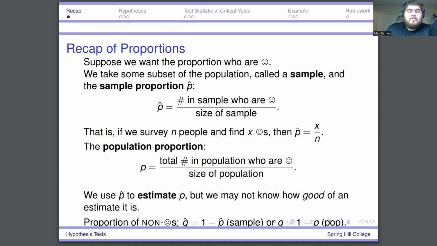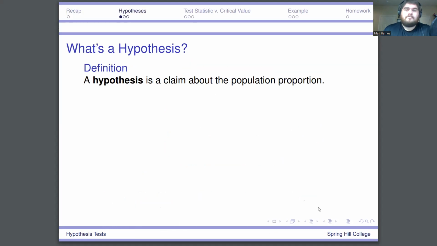So our non-happy people proportion we'll call q hat for the sample, or q for the population. It stays q for our non-happy people, it's just a matter of whether it gets a hat or not. It gets a hat if it's talking about the sample, and it doesn't if it's talking about the population.